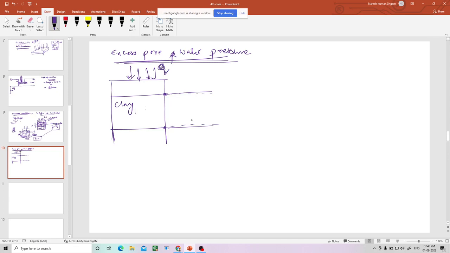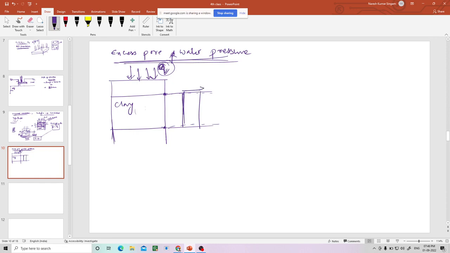Then slowly the water will transfer that applied load to the soil, to the clay particles. The initial part, when you apply Q, what is the water pressure? The excess pore water pressure, that is also Q.